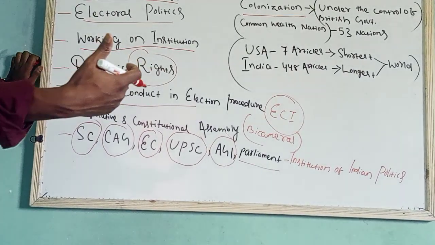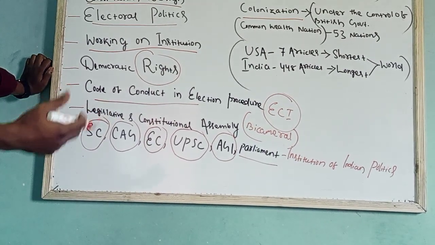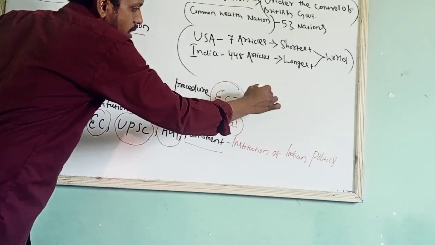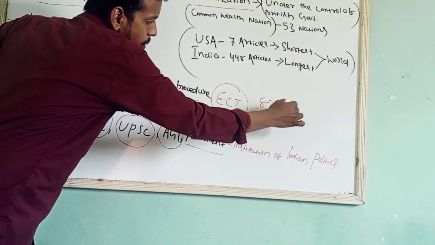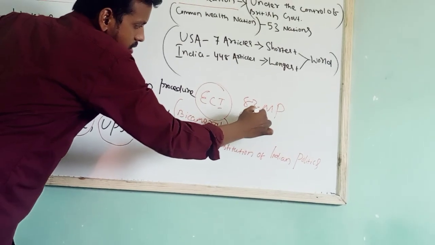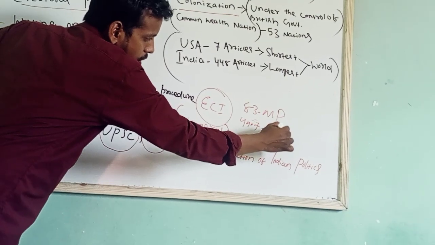And UP, Uttar Pradesh, has the largest legislative assembly in India, having the largest population, with 83 MP seats and 440 plus MLAs in UP.